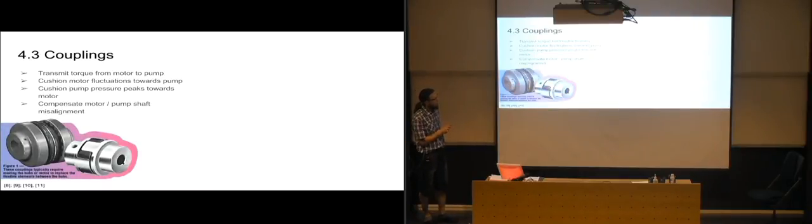Usually you can have something like this, where they have two joints. Each joint is connected to one shaft, so you would have one side connected to the motor shaft, the other side connected to the pump shaft.